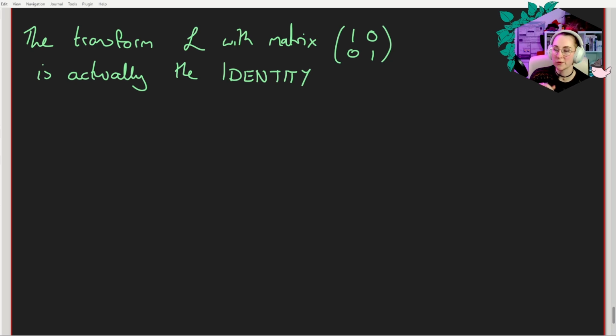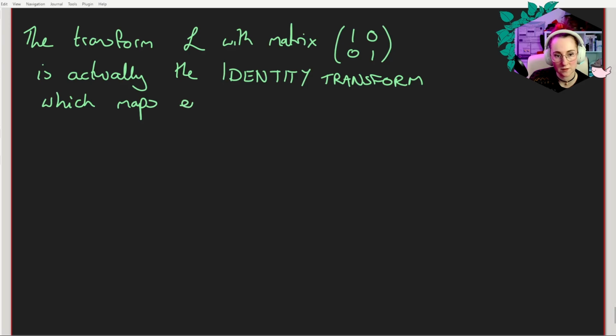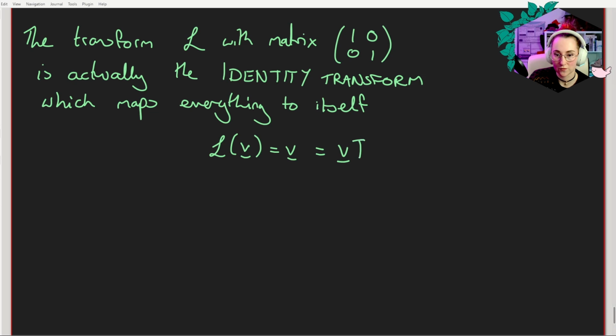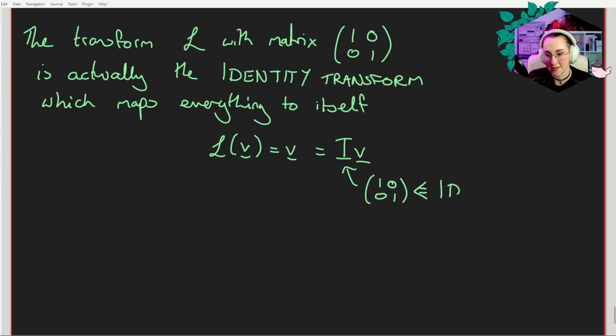If we remember when we were talking about multiplication or addition, the identity was the mapping of something to itself. It's the transform which maps everything to itself. So L of v is just v, and this is I times v, where this is our 1, 0, 0, 1, which is the identity matrix.